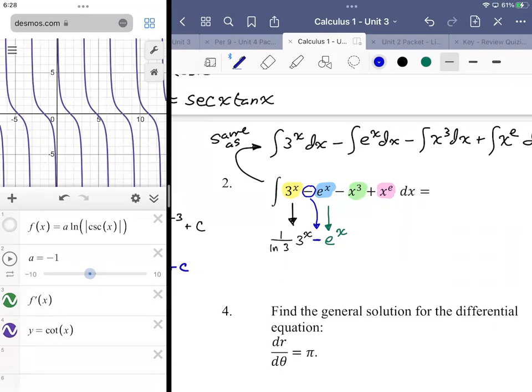So increase the exponent by 1, divide by the new exponent. So x to the fourth power, there's an understood coefficient of 1 here, divide that by 4, 1/4 x to the fourth. Whatever the operator is, that comes down to be part of the function.